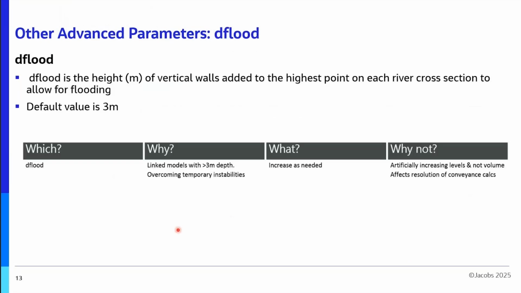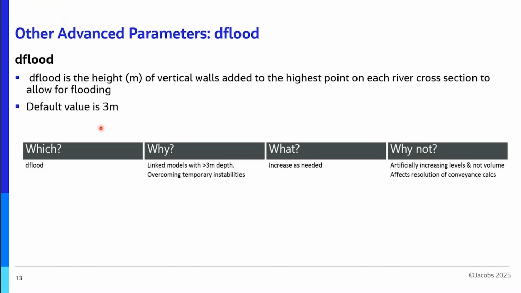A quick coverage of other advanced parameters, just about on time. The most well known to modelers is defload, which is the height in meters of vertical walls added to the ice ponds on each river cross-section to allow for flooding.